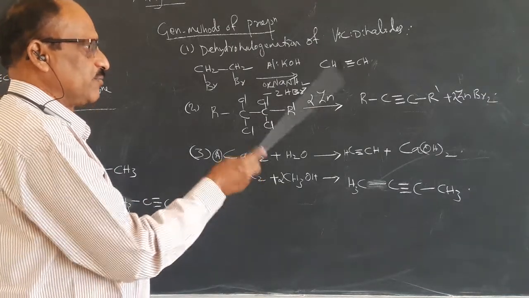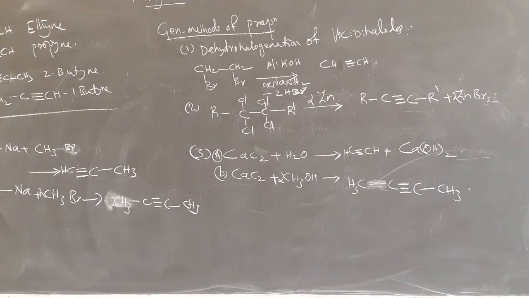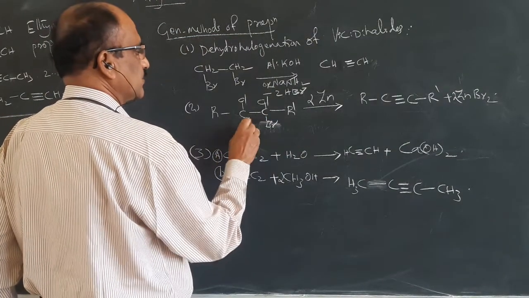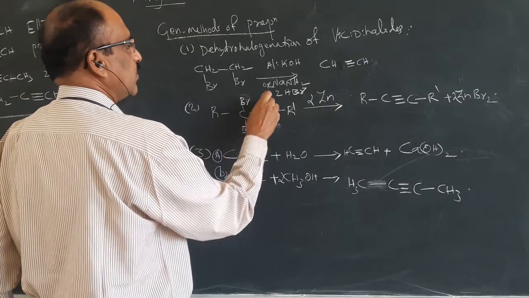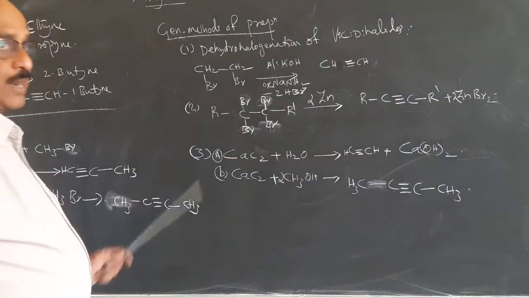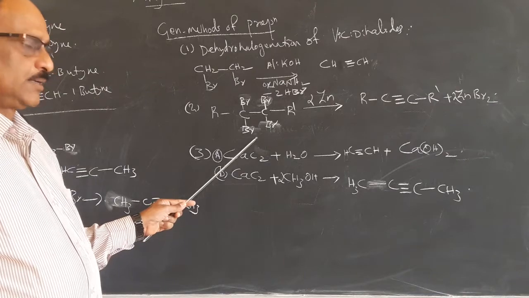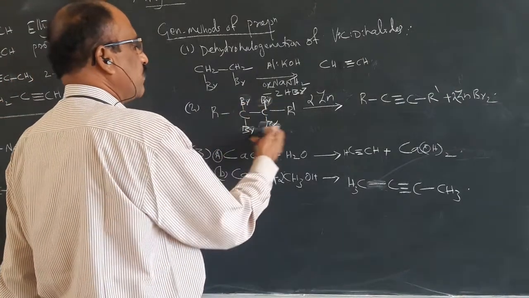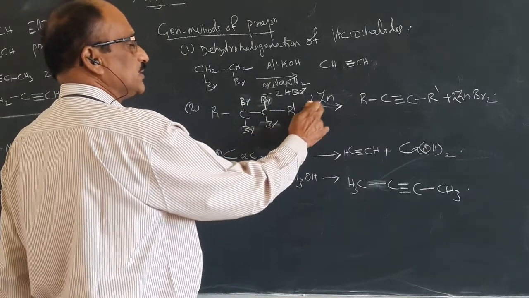Zinc halide will be removed. I have written chloride, but you can take the bromine atom. So this is bromine and this is also bromine, and this, and this. So an alkyl tetrabromide is taken, and all 4 bromine atoms will be removed by using zinc metal.